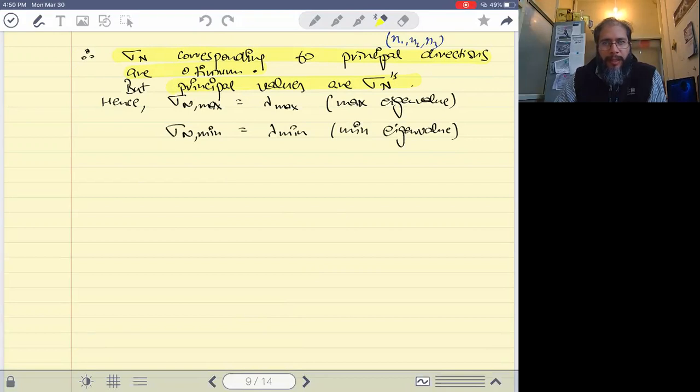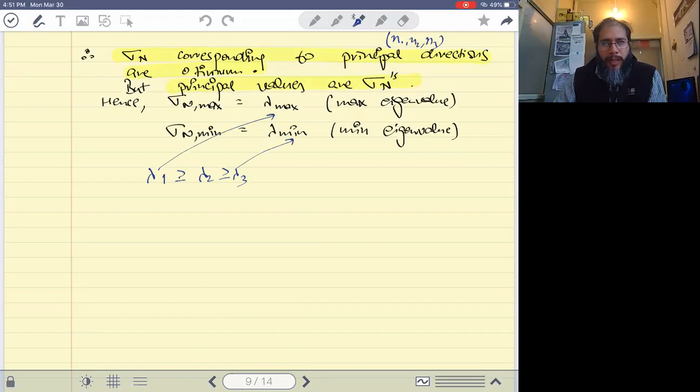So if we write three eigenvalues in the order lambda 1, lambda 2, and lambda 3, then our lambda 1 is the maximum and lambda 3 is the minimum value of sigma n.